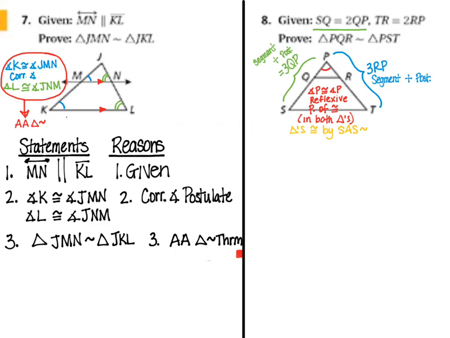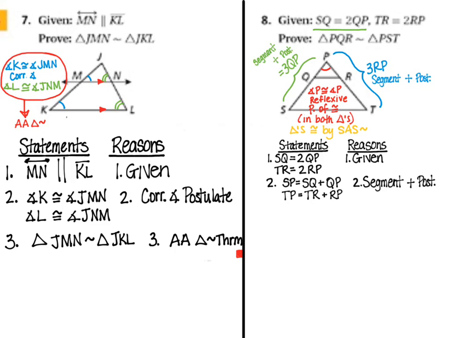And now the two triangles are similar because I've got two sides and the included angle that are proportional and congruent. So here goes the statements. And we have a little bit more because we're going to have to do some adding and stuff. So first of all, the given information. Now I'm going to state the segment addition postulate with just all the little letters for each segment.